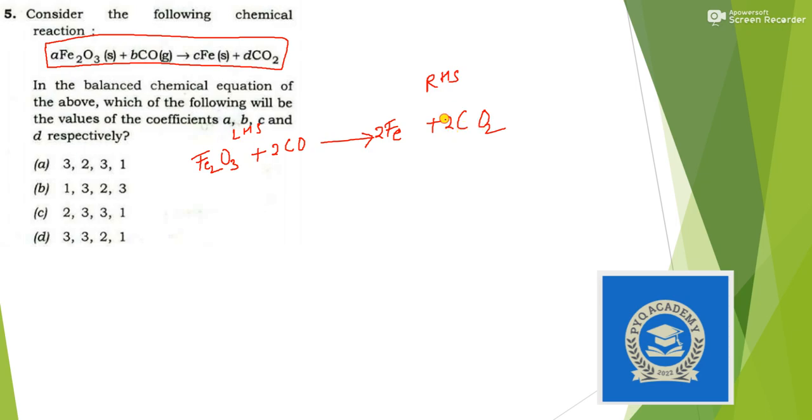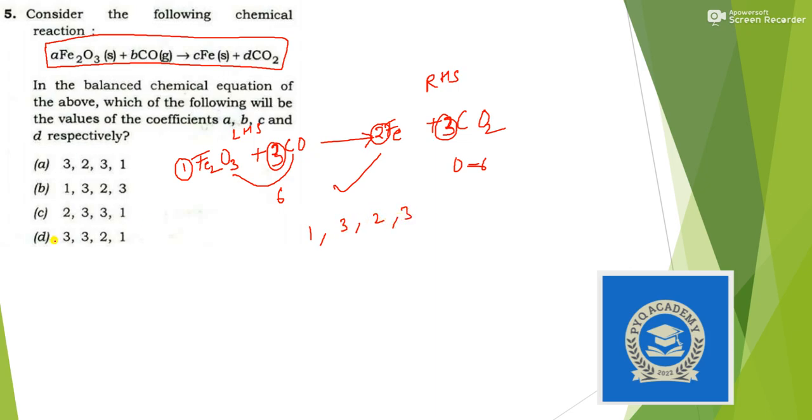So let's multiply 3 here. Now 3 times 2 is 6, oxygen is 6 here, and also multiply 6 here. So 3 plus 3, 6, and 3 carbon, and 2 Fe. So this is a balanced one. We multiplied 1 here, 3 here, 2 here, 3 here. So our answer should be 1 3 2 3.